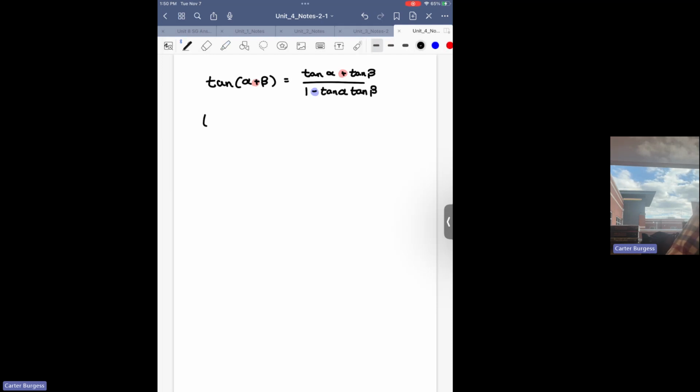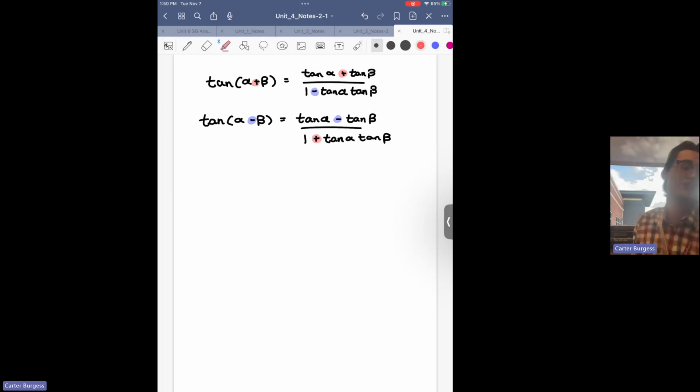Just to highlight, this stayed the same, but then switched down here. Likewise, if I were to do tangent of alpha minus beta, again, the numerator, and you could do this with even and odds as well and you would get the same thing, over 1 plus tangent of alpha, tangent of beta, where now notice minus, minus, and this is suddenly a plus.